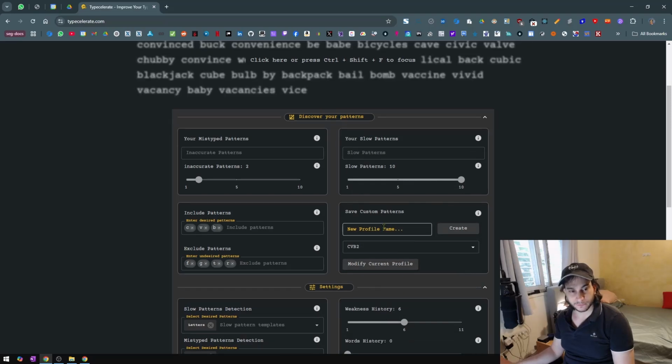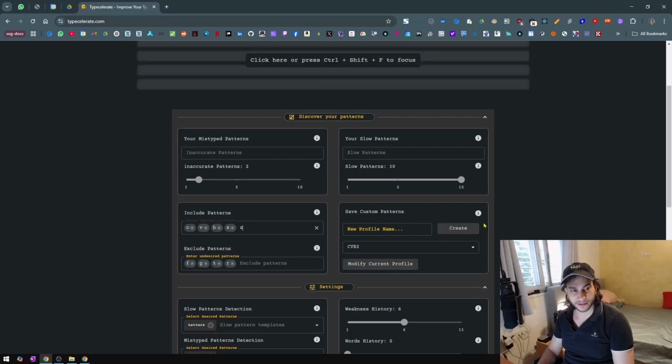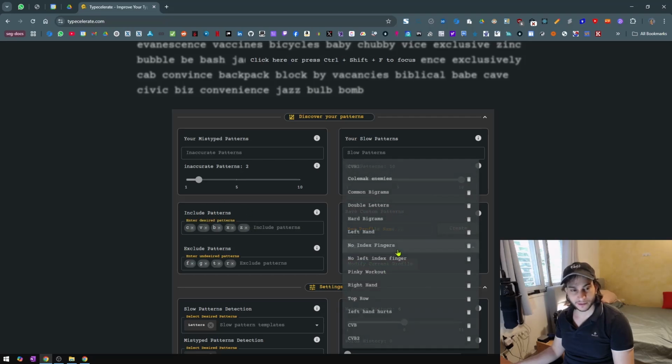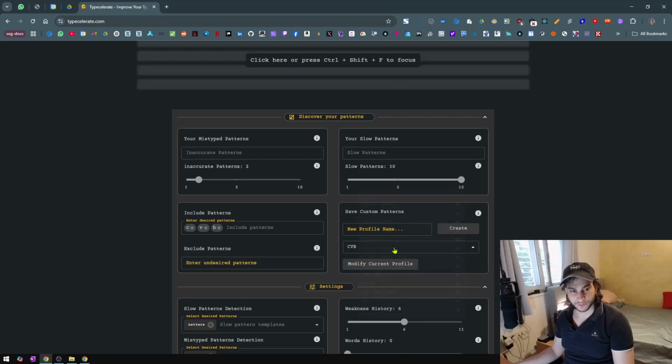And if, for example, in CVB2, we now also want to include, not in caps lock, the X key and the Z key, we have these here, but they are not really saved to the profile. So what we need to do is click modify current profile, and now they are saved here. See, profile modified, and we can switch back to CVB and CVB2.